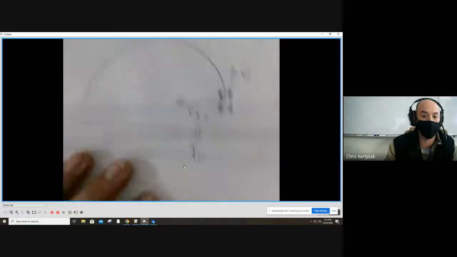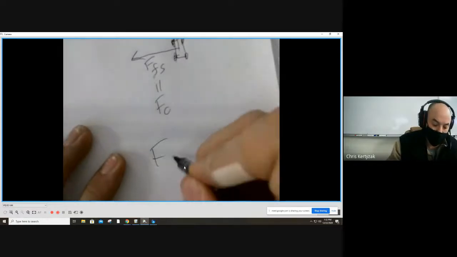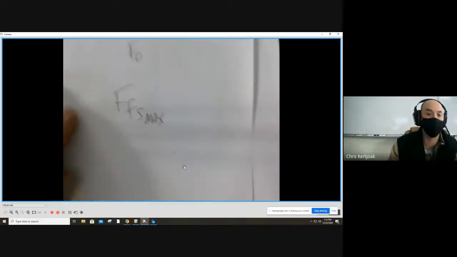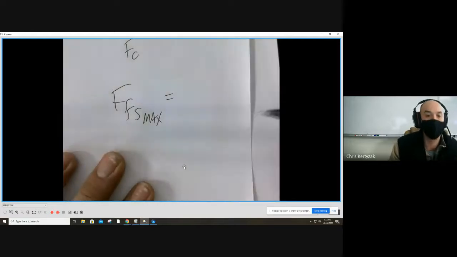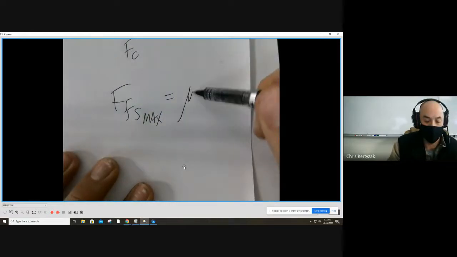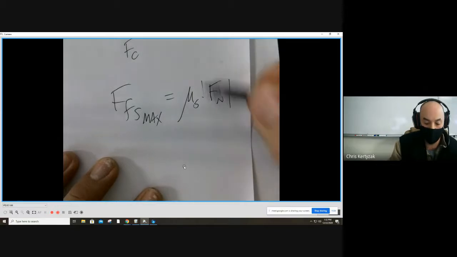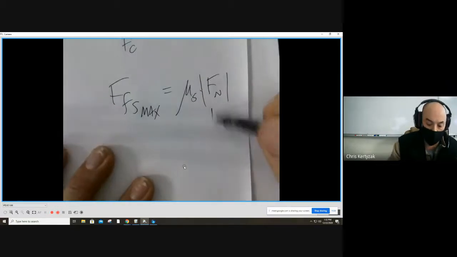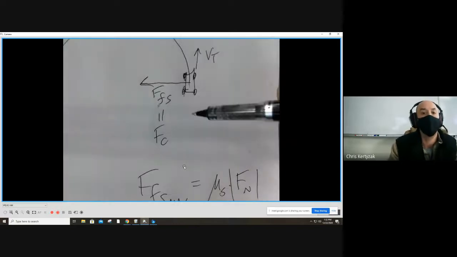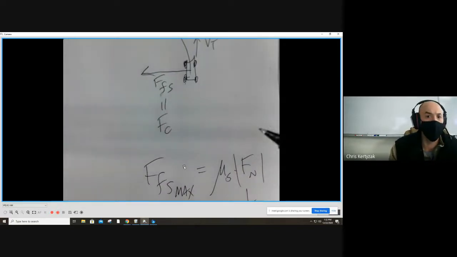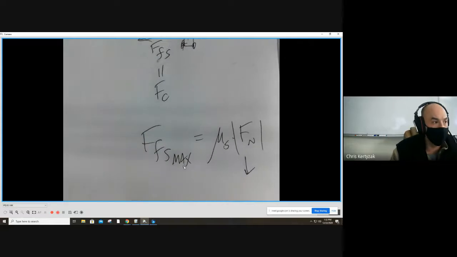That's called traction. What is the maximum static friction force? Do you remember? Coefficient times the normal force. Well, what would the normal force be for our car? A parked car? Sure, mg. How about a car going in a circle on a flat road?